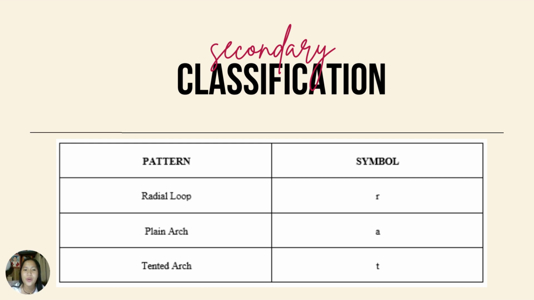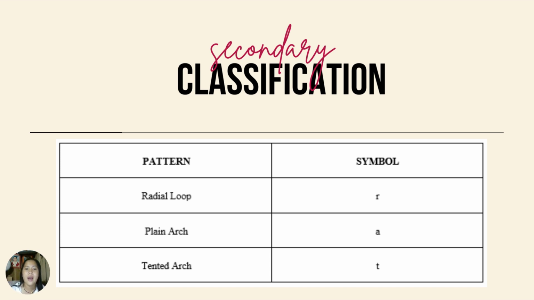We shall remember that for secondary classification, the patterns radial loop, plain arc, and tented arc, which have the symbols of rat, are the patterns we look for in the given sets, because these are the only patterns we write the symbols for.